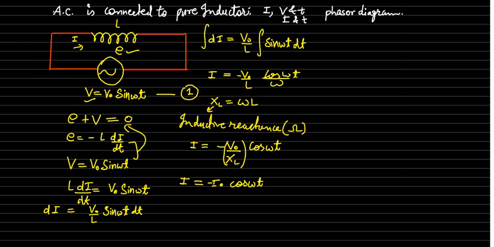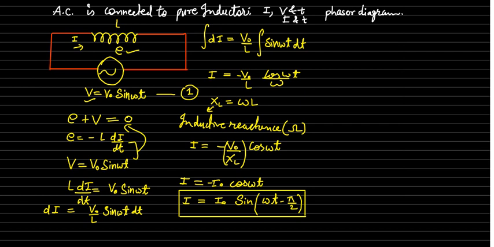Further, if I want to write this in terms of sine, can I write it this way: I naught sine of omega t minus pi by 2. So let's say this is equation number 2.